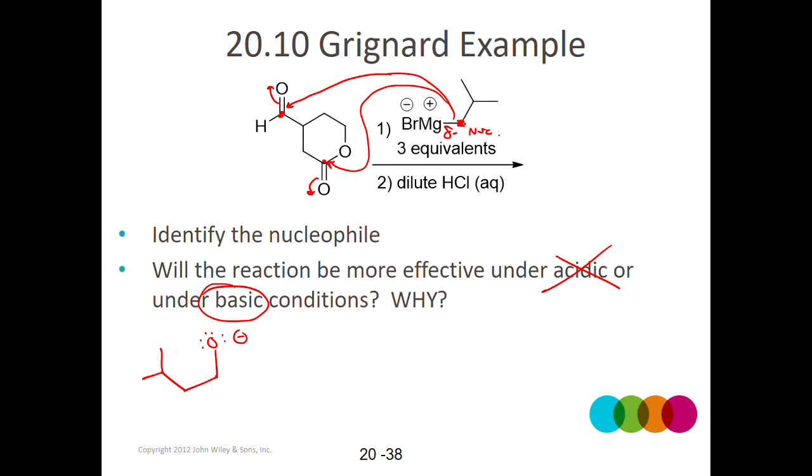I want to maybe count these. 1, 2, 3, 4. 1, 2, 3, 4. This carbon here is this carbon here.